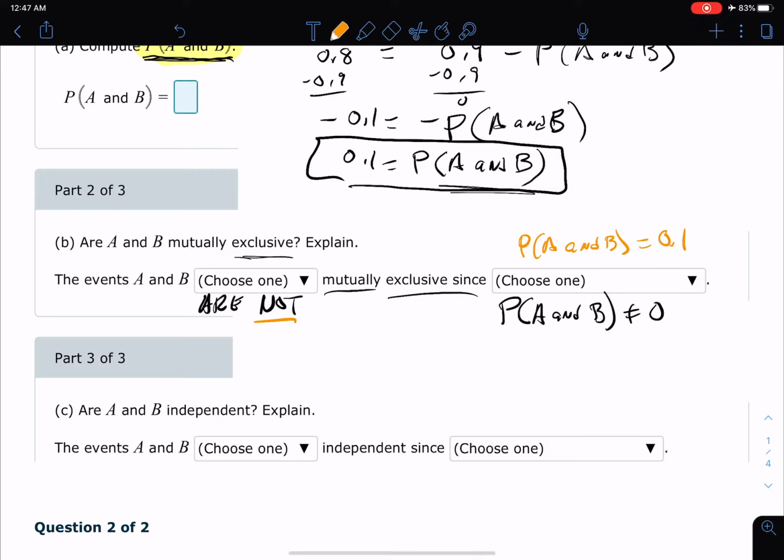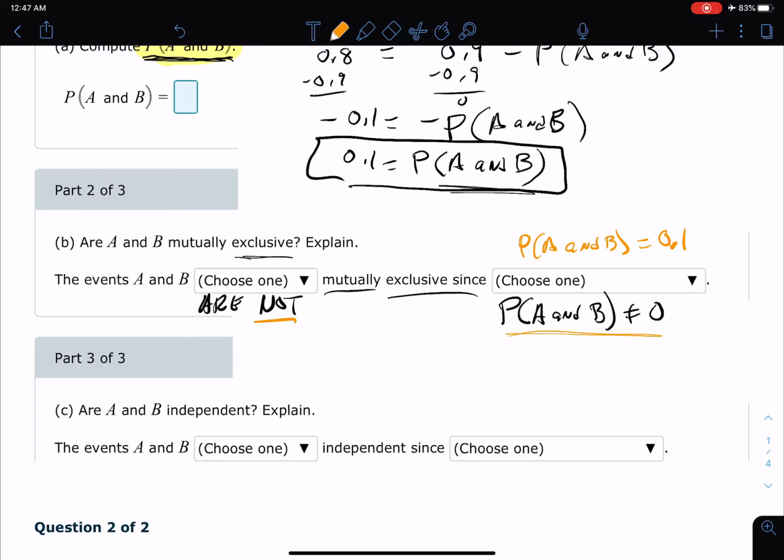We found out in the previous problem it equals 0.1. That would also prove that it's not mutually exclusive. So either one would work, but this is in the pull-down menu, so we'll just use that pull-down menu in the ALEKS program.